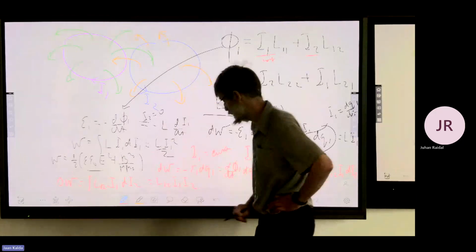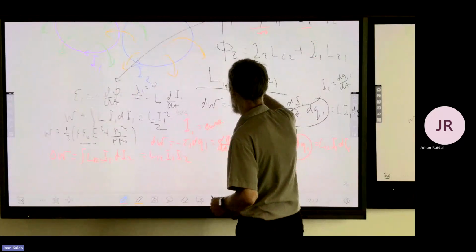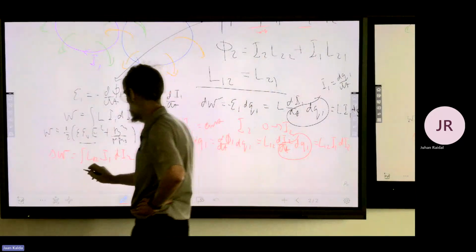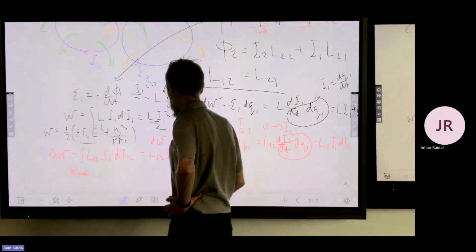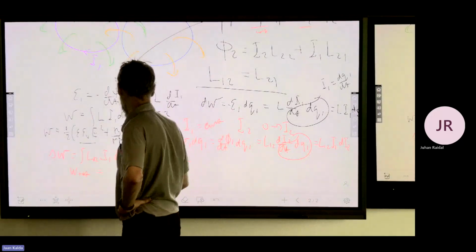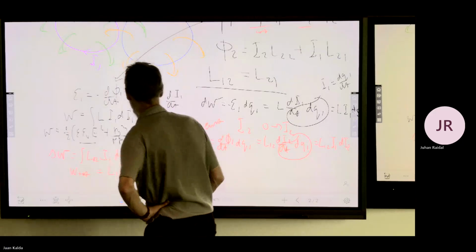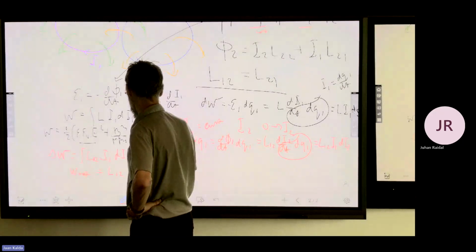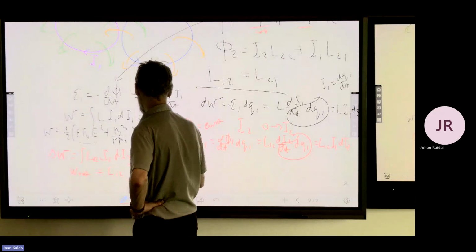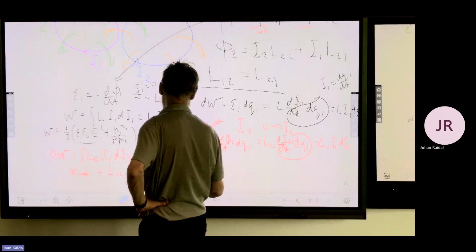All right, so that's the total energy now. W total is the sum of those two that we had, namely L12 I1 I2 plus L11 I1 squared divided by 2.